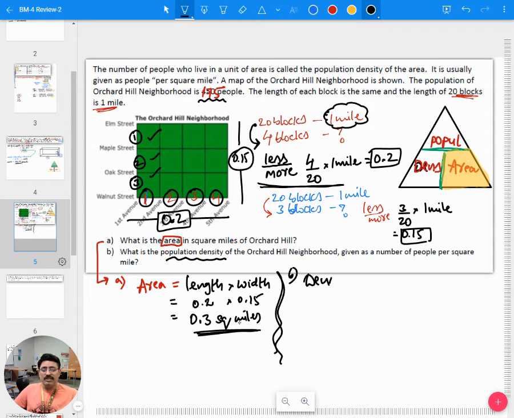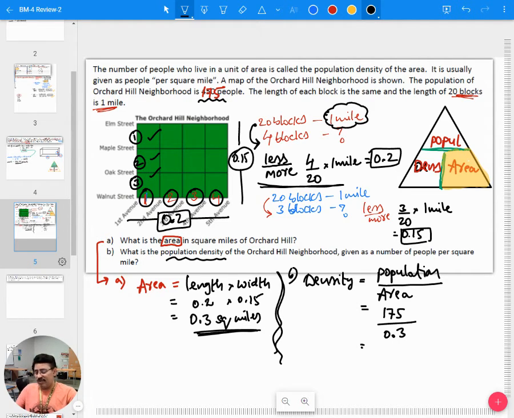Population density, if you are trying to compute, is the population of the given area, or number of people in an area, over the area of the location. So population is given as 175 people in the neighborhood over 0.3 square miles.